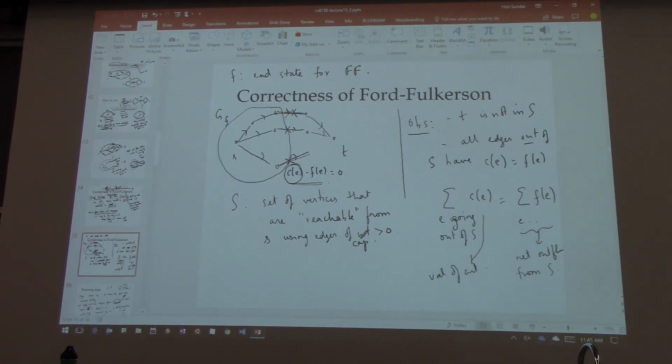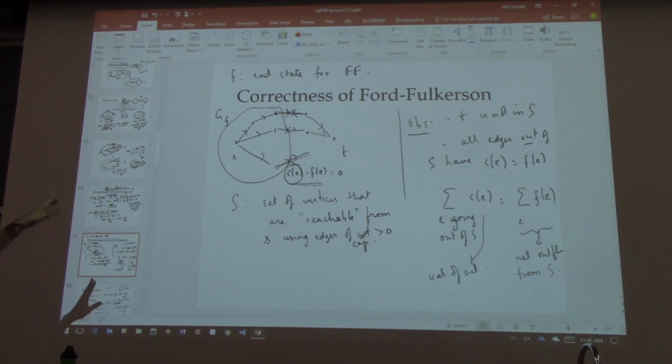Okay. So the way we come up with it is the following. You have this residual graph, right? Some edges are 0, some edges are non-zero. Start with S, do a BFS, and look at everybody who is reachable using positive edge weights.